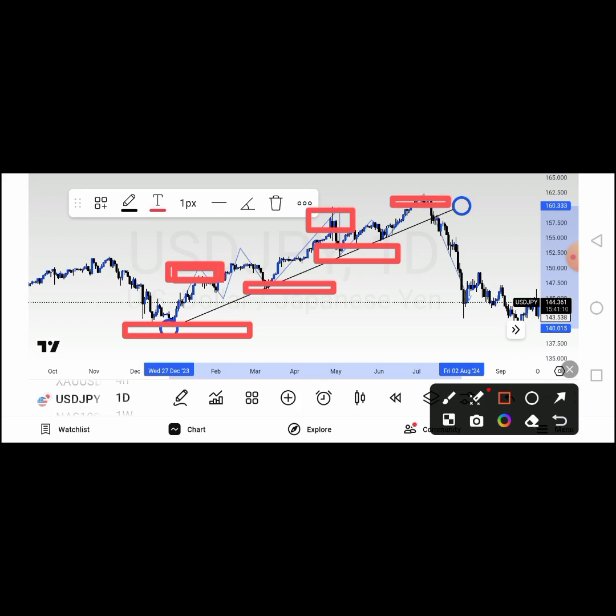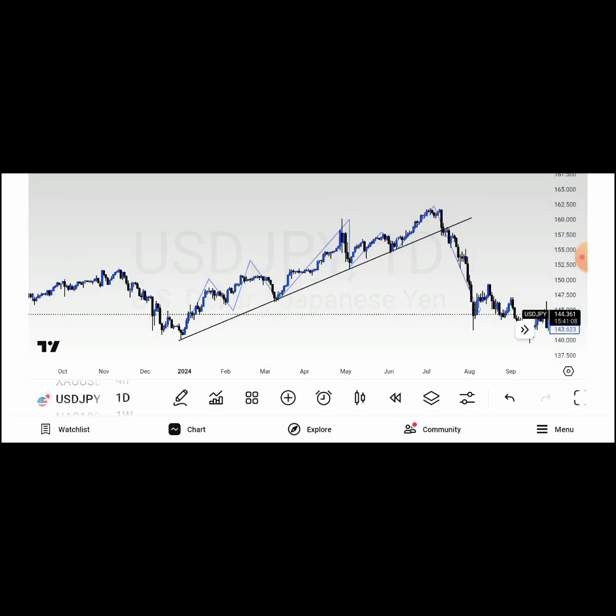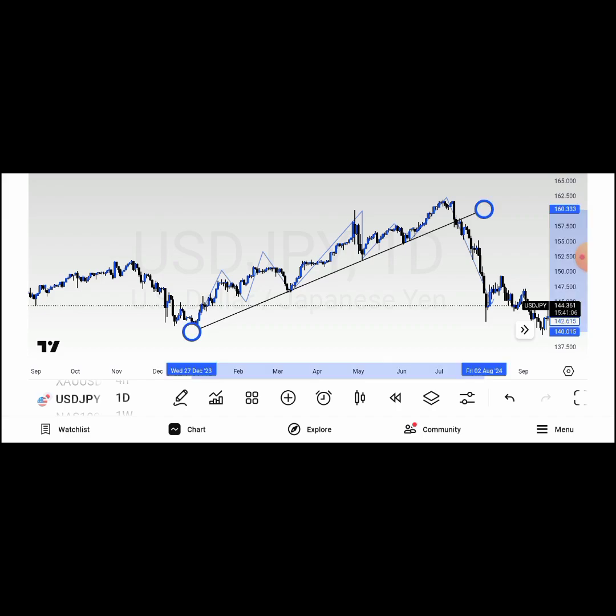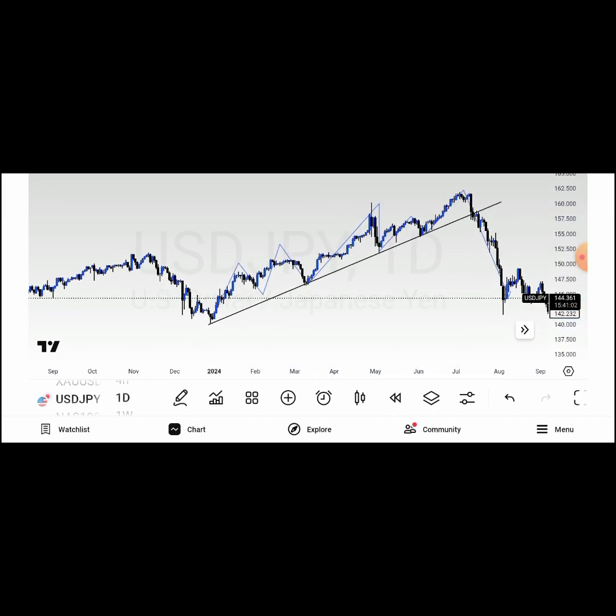So that is how we draw our trend line. You draw your trend line, and make sure that it is touching at least 2 lows for an uptrend.